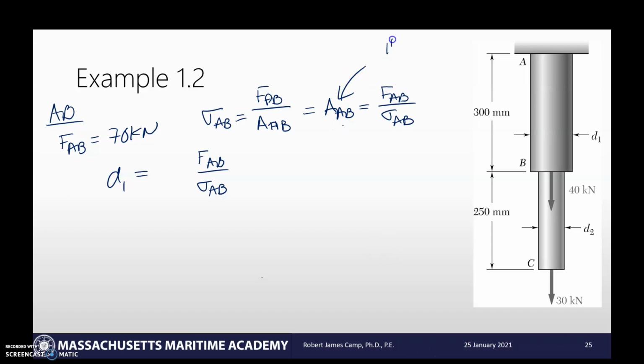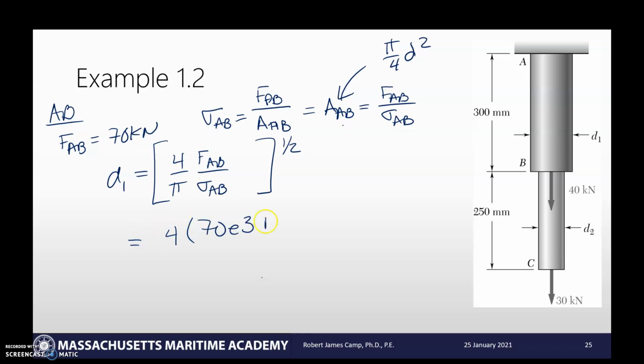If I want to bring the d out, I'm going to have to do the square root of 4 over pi times my load divided by my stress, and take the square root of all of that. So 4 times 70 kilonewtons, or 70 times 10 to the 3 newtons, divided by pi times the allowable stress in AB, which is 175 megapascals, so 175 times 10 to the 6 newtons per meter squared.